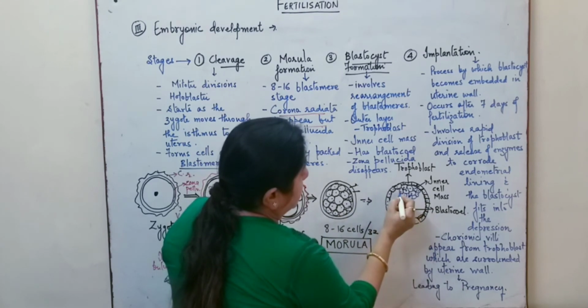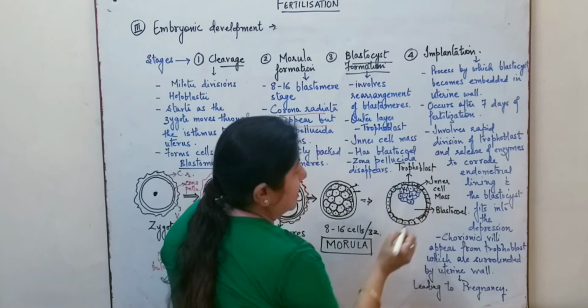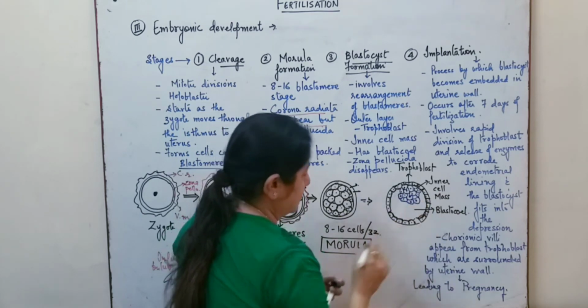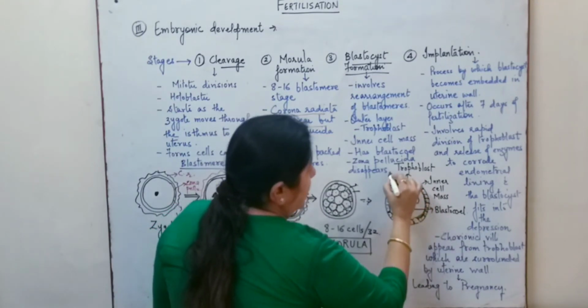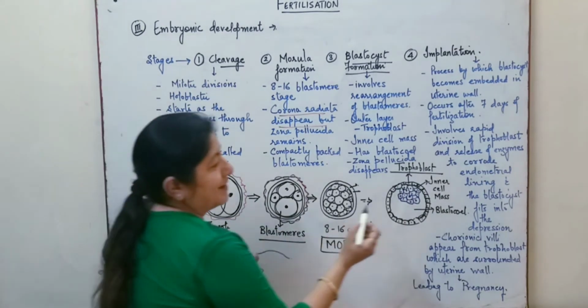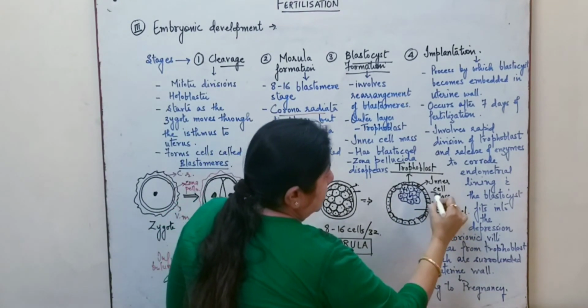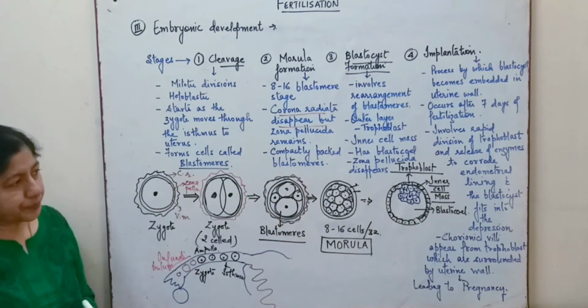They will be arranged on the inside, and these are slightly bigger than the cells present outside. The outer layer is known as the trophoblast, whereas the inner mass of cells is known as the inner cell mass.